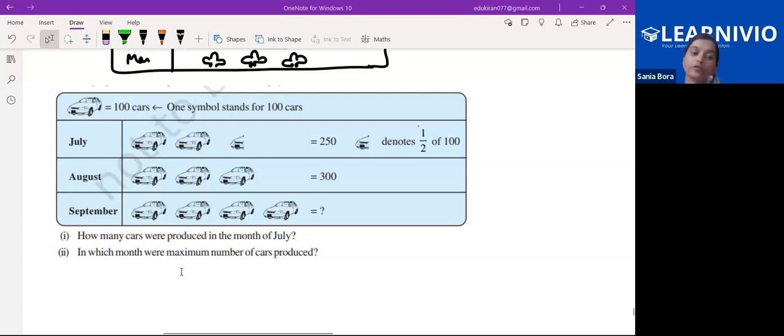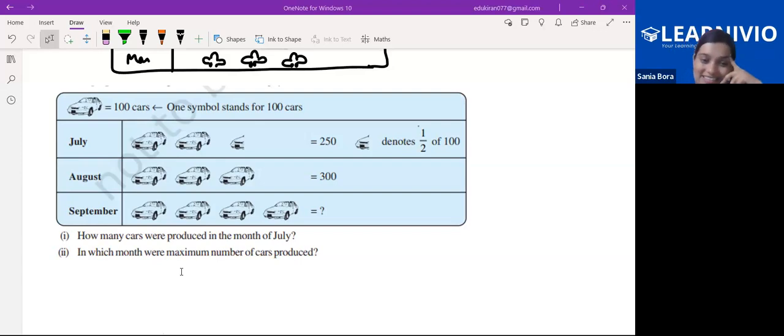Okay. So Ronnie, you tell me how many cars were produced in the month of July? July, there are over 250 cars. I just forgot to erase the answers.